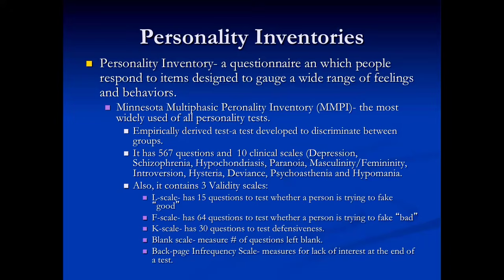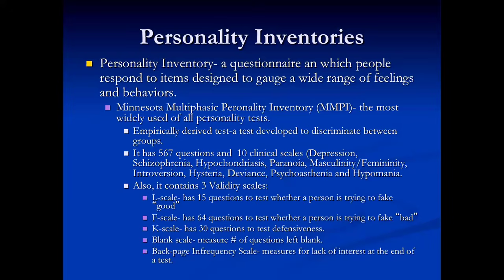The MMPI is basically a true or false questionnaire, and you have the opportunity to leave some blank if you don't know or cannot say, right? But we keep track of your answers. And because we know there are natural tendencies or biases, we test for accuracy. So we do have some validity scales.